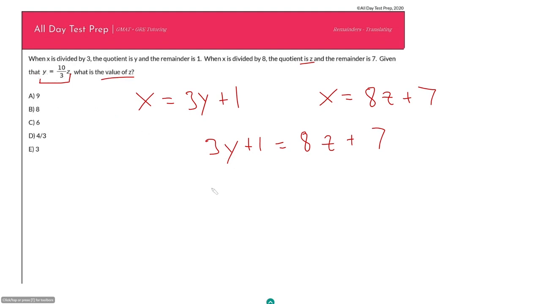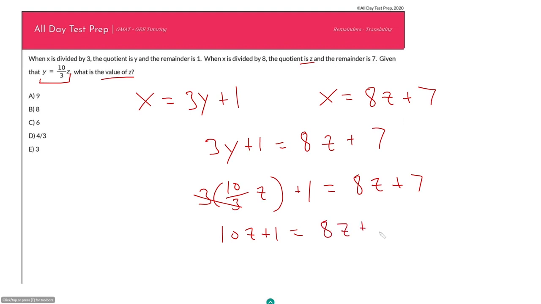And so now instead of saying 3y plus 1, I can say this is 3 times 10/3 times z plus 1. That is equal to 8z plus 7. Now all I got to do is solve for the z. And so 3 times 10/3 z, so this should just be 10z plus 1 is equal to 8z plus 7.